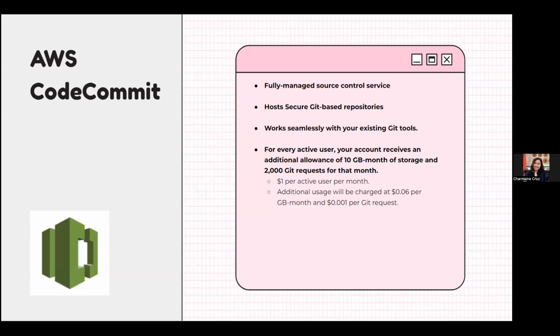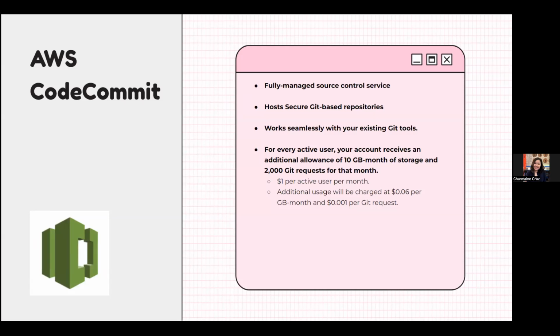So here is our first CI/CD na AWS service, which is CodeCommit. So ito yung CI na service natin. AWS CodeCommit is a fully managed source control service, hosts secure Git-based repositories, works seamlessly with existing Git tools, and for every active user, your account also receives additional allowance na 10 gig per month of storage and 2,000 Git requests for that month.